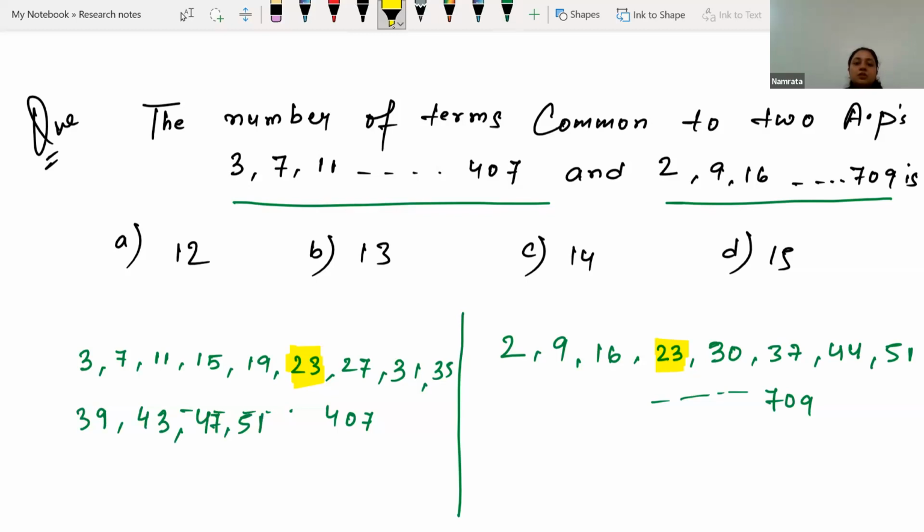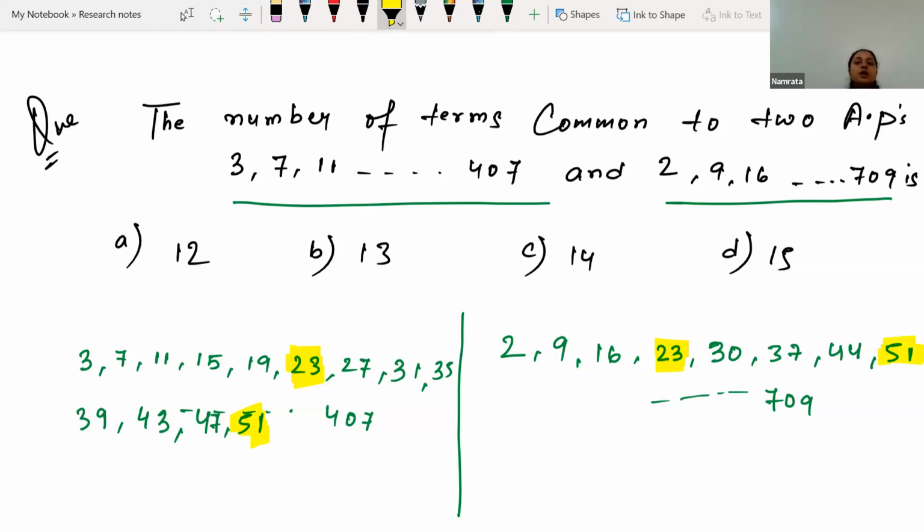So here you can notice one more term common. Can you see? That's what we have to find: how many such numbers are there which are common in this AP and that AP?